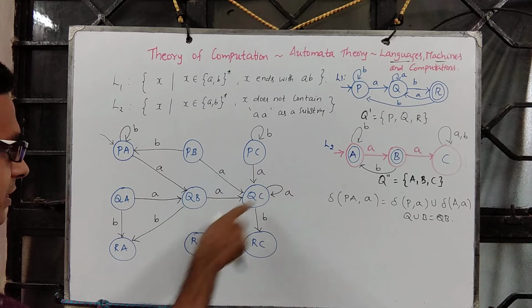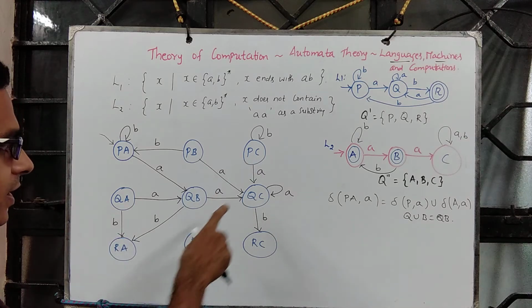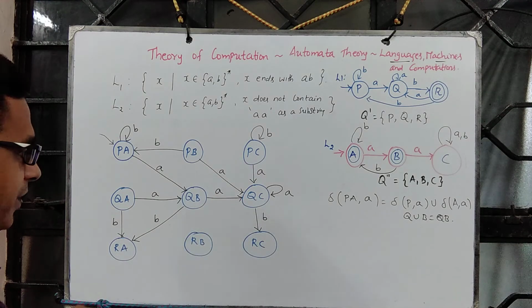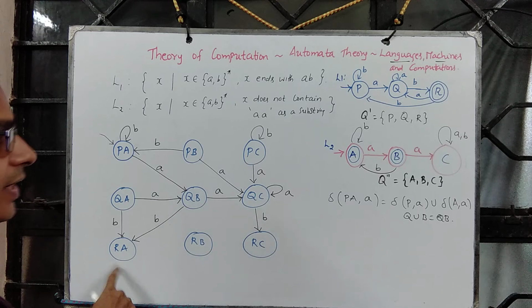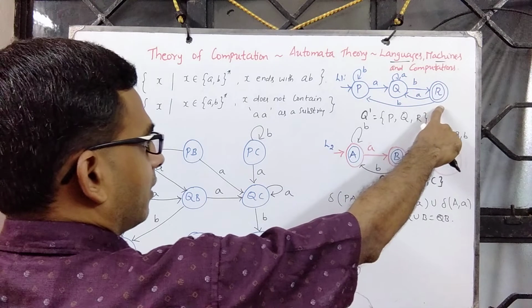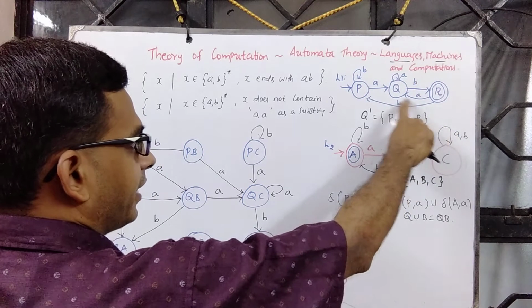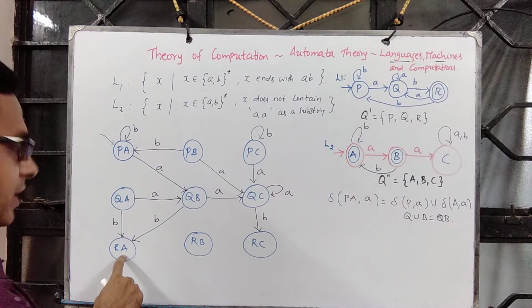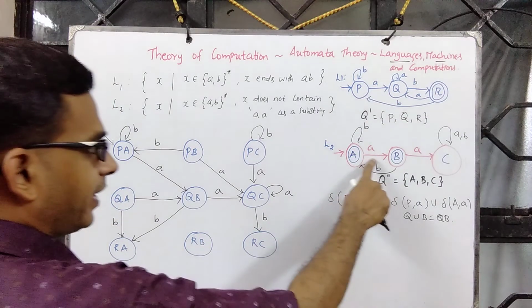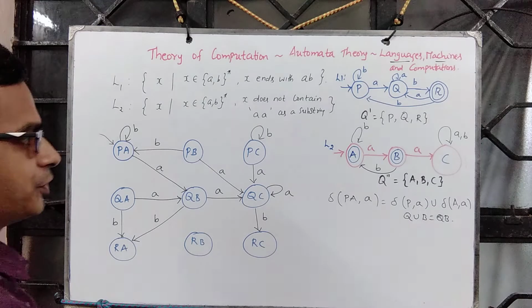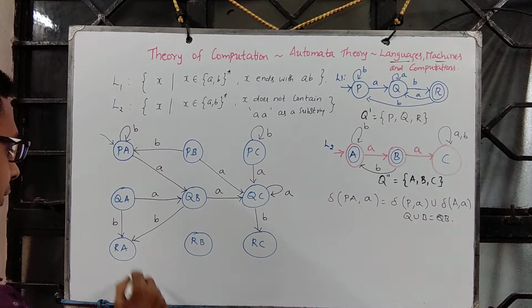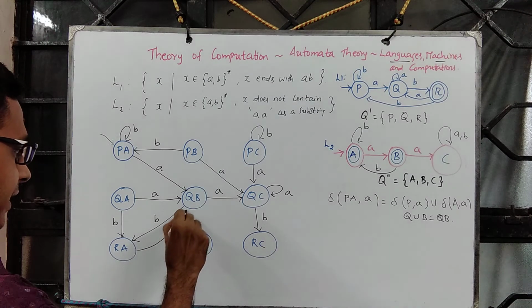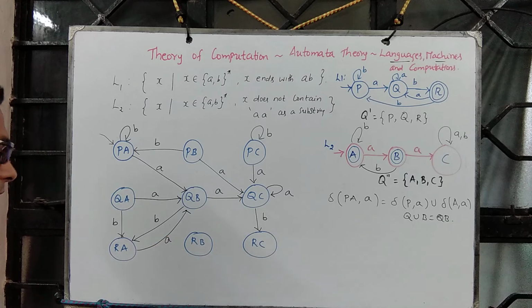So with respect to this, we have completed analyzing A and B. Let's look at RA. At R, when I read A, I go to Q. And with respect to A, when I read an A, I go to B. So we should go to QB when we read A at RA.